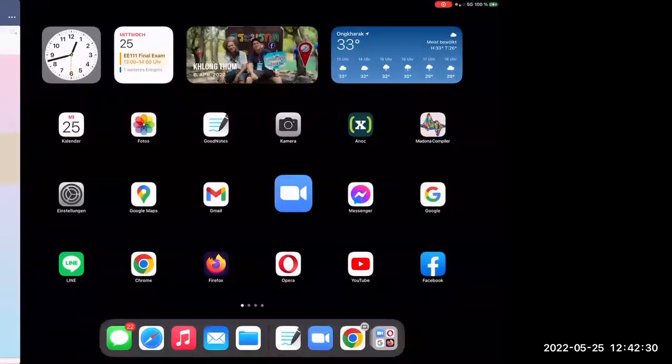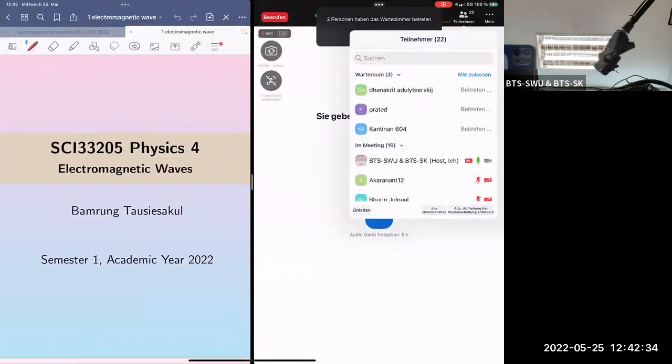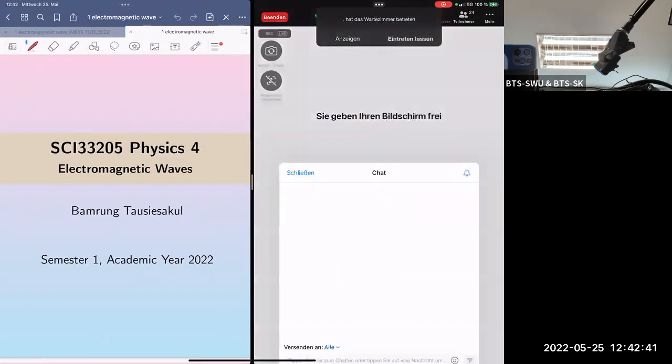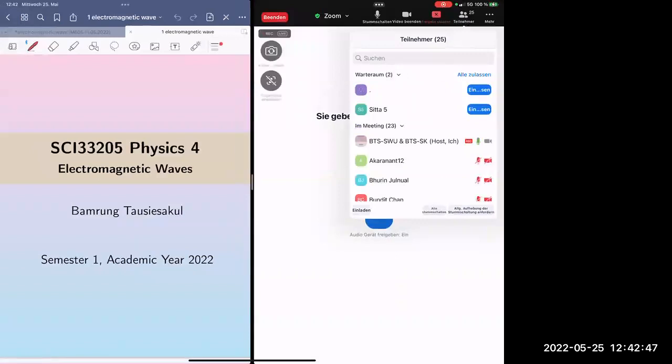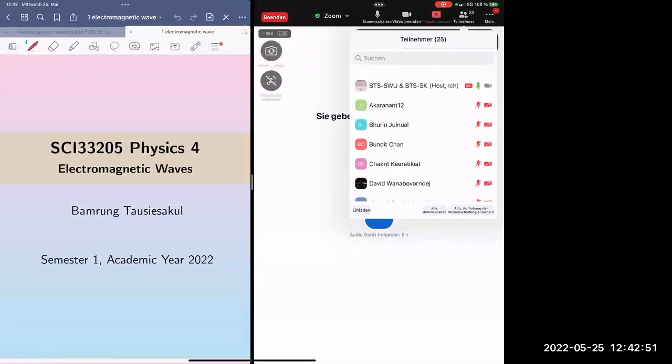As usual, you just type your name in the chat box so that we can recognize each other, so that we can recognize that you appear in the classroom, right?